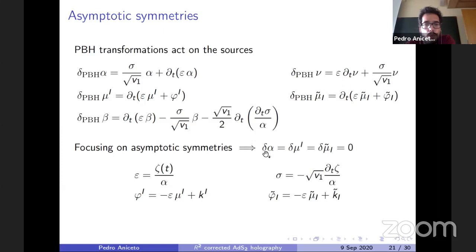And so we have 3 differential equations to solve, and they can be solved in general by this form, where the zeta is just a function of t that we wrote like this just because it simplifies the notation that we'll use afterwards to discuss anomalous transformations, and the ki's, which are just constants of integration, as can be seen immediately from the form of the variation of the mu's.